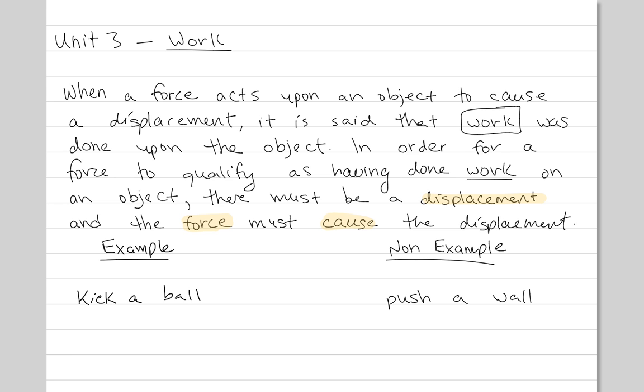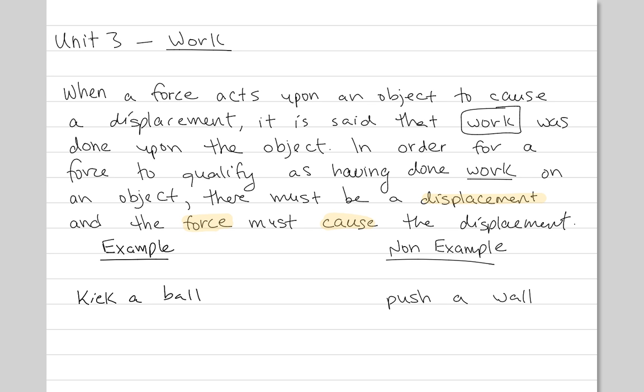Now if I drop the ball, what force does the work? Gravity. If I lift the ball, who does the force? If I drop the ball, what does the force? Gravity. Good. The force due to gravity, so the weight, and the displacement. Good.